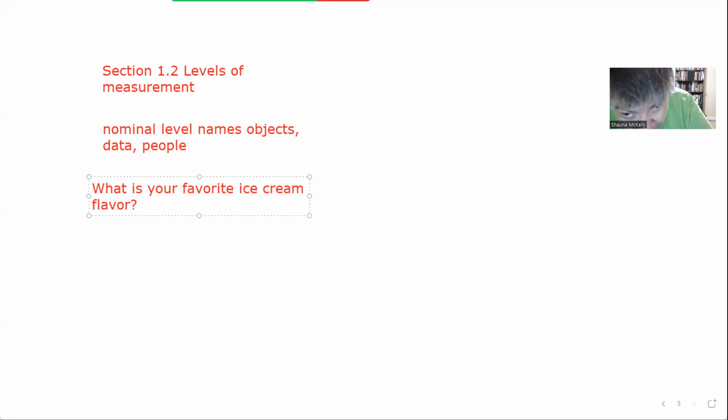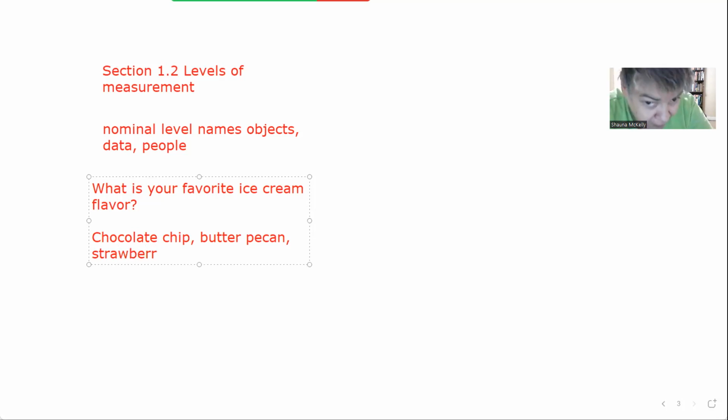Right? Somebody says, well, my favorite ice cream flavor is chocolate chip. Somebody else says it's butter pecan. Somebody else says strawberry, right? Whatever you say. These are examples of nominal level.